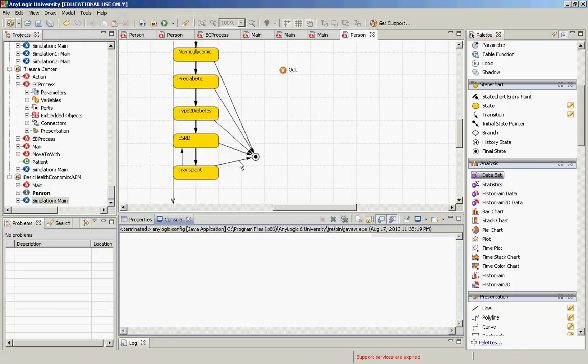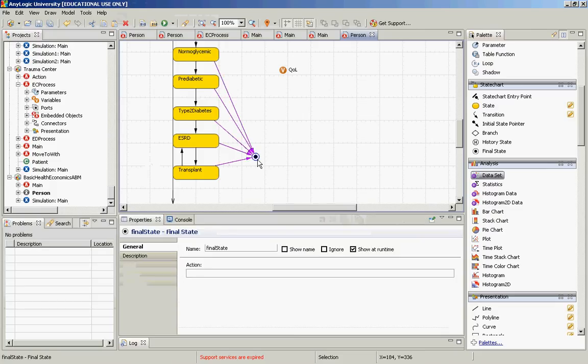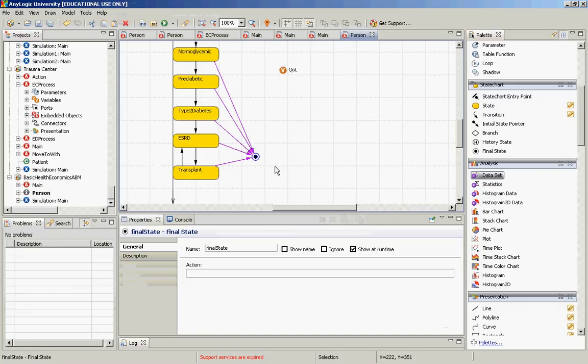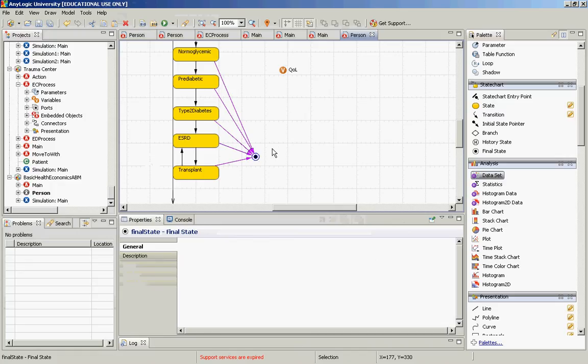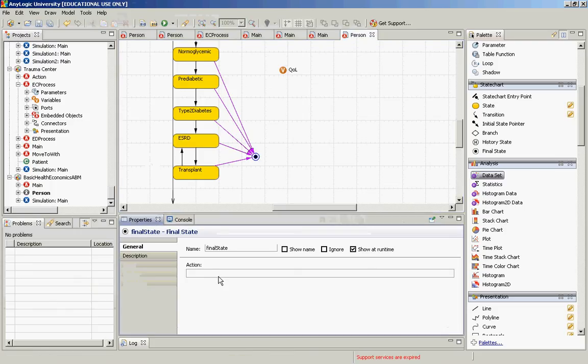So what we really need to do is, when they enter this state, we either need to delete them from the population, or we need to treat them as having a quality of life of 0. We're going to delete them for other reasons, so it won't interfere with our measurement of life years lived. We're going to delete them from the population. So how do we do that? Well, we have to ask main to delete us. The cleanest way would be to call off to main and say, hey, delete me.